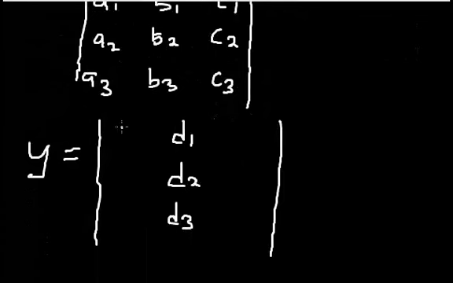The others now, which of course are the coefficients of x and z, are written accordingly. I'll start with the coefficient of x as the first column: a1, a2, and a3.